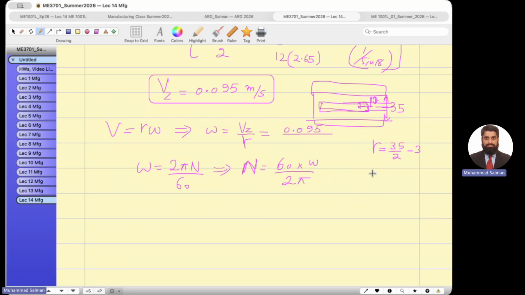So this is the radius of the screw. I'm just zooming it. This is my radius. Agreed? So how much is this? You will plug it in over here. 35 divided by 2 minus 3 is 14.5.